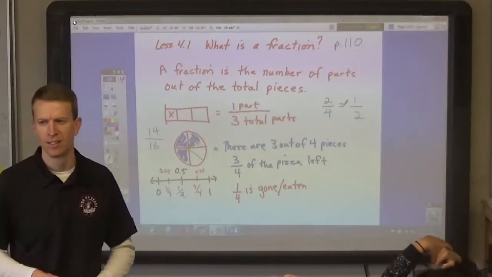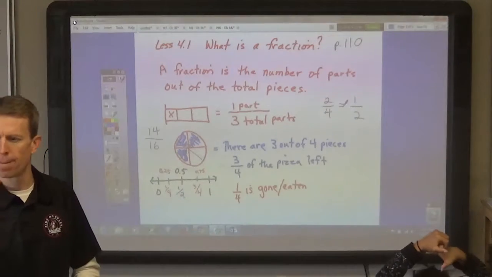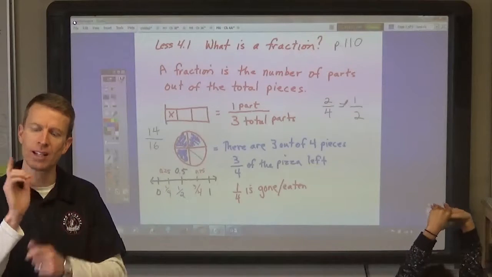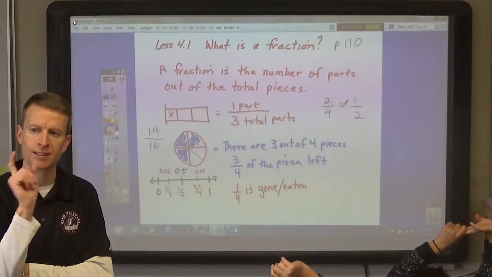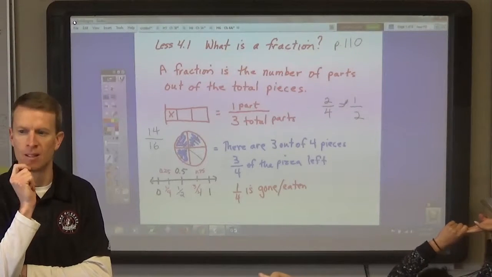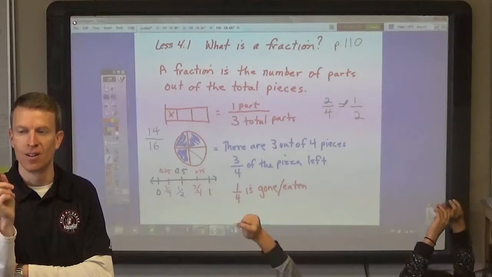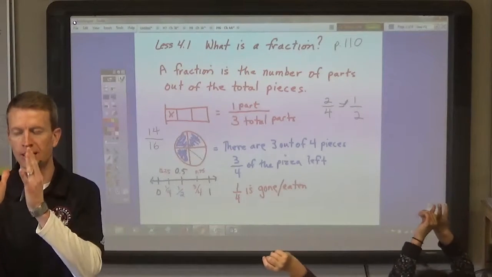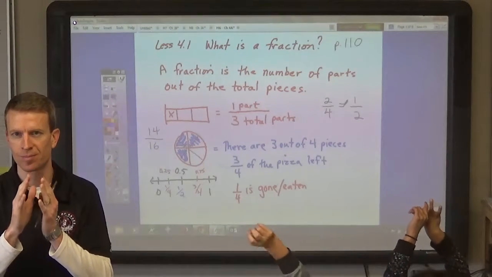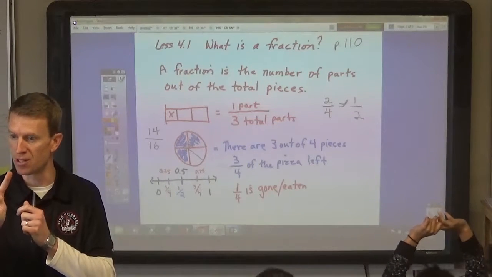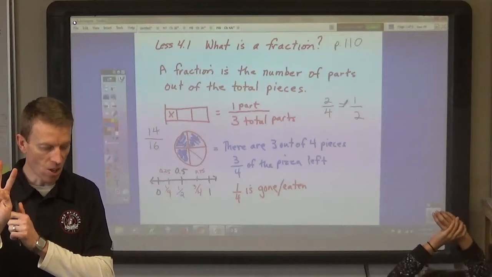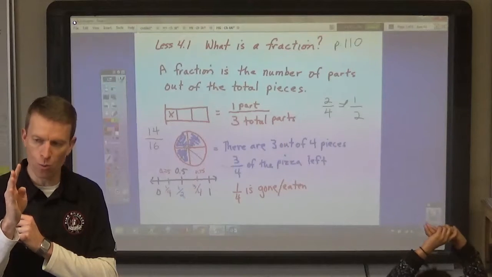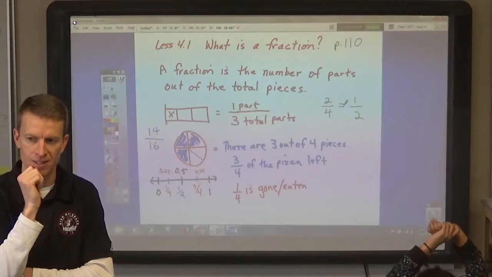How many total segments are there? How many total sections? 4. There's 4 total sections. Yep. And so the dot is on what? The first?